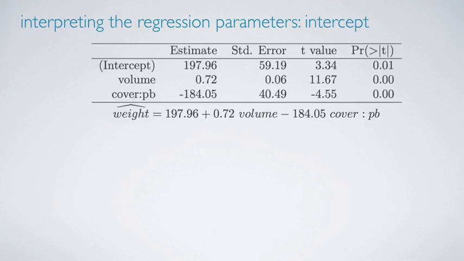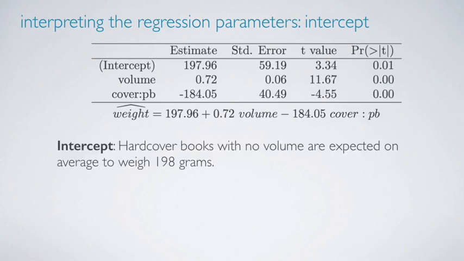Next, let's consider the intercept. The intercept of this model is 197.96. And remember, the intercept is the predicted value of the response variable when x is equal to 0. In this case, we have two x's, so when volume is equal to 0, as well as when cover is equal to 0. Cover is a categorical variable, so it's never going to be equal to 0, but what that means is the reference level for the cover is being considered.